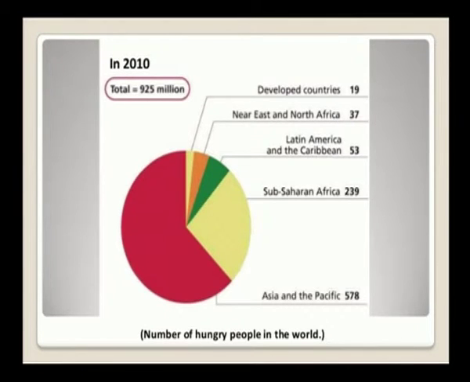If you look at the number of hungry people in the world, Asia and Pacific takes the majority, about 578 million. Developed countries have a very small slice of 19, and then you have Near East and North Africa, Latin America and the Caribbean, and the next big chunk is Sub-Saharan Africa, followed by 239 million. This census was taken in 2010.